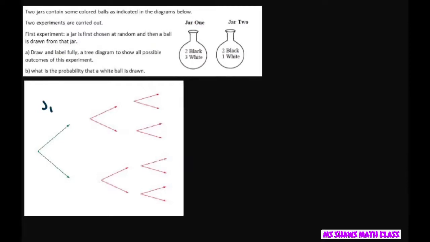So for the first experiment, we have jar 1 and jar 2. I'll just put it here, jar 1 and jar 2. And the chances of drawing those are 1/2 each. So it's just 1/2 to 1/2. All right. Now, we're dealing with black and white marbles.